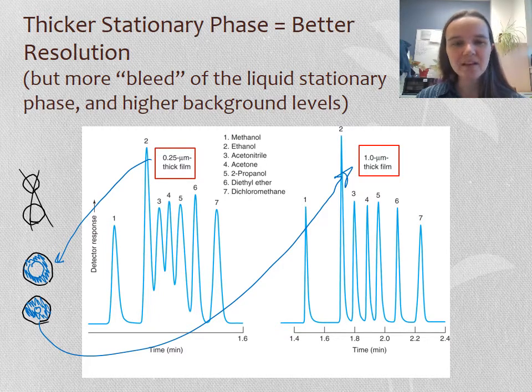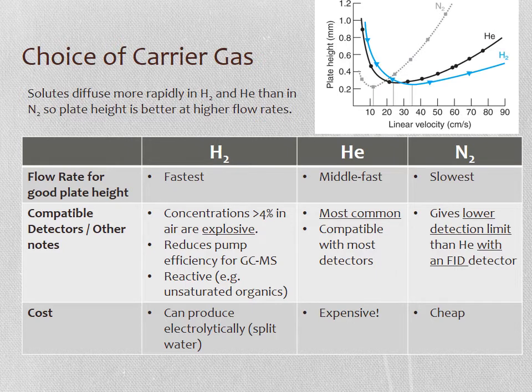However, because you have more of this bonded liquid stationary phase, it's possible that as you reach higher temperatures, you'll start to lose some of that, and that's called column bleed. Column bleed is when your liquid stationary phase actually starts to come off the column and elute with your sample.